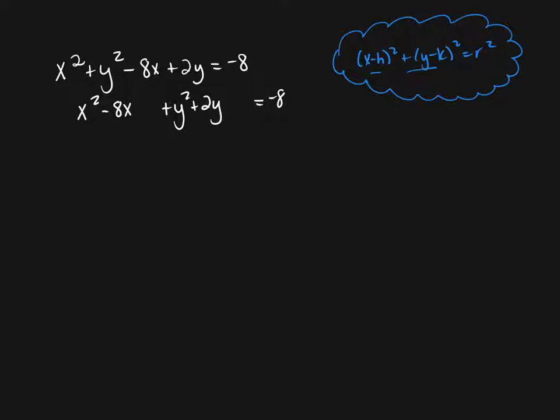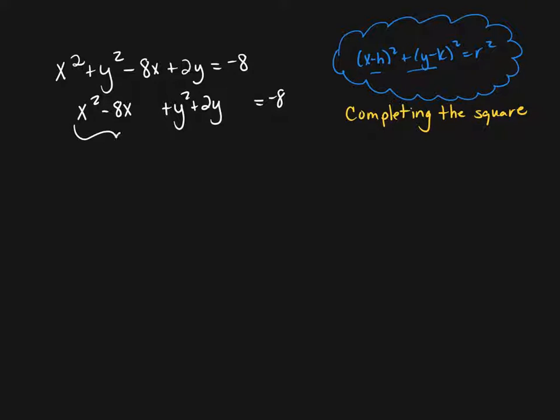So I'm going to have to go through the process of completing the square. Alrighty, so when we complete the square, we get our x's together the best we can and our y's together, and then we want our constant number to be over on the right of the equal sign by itself.